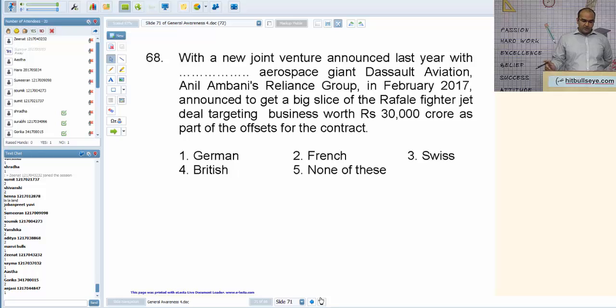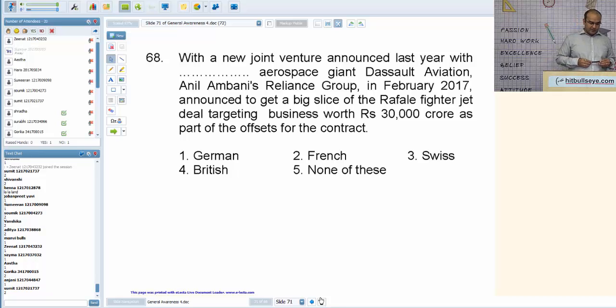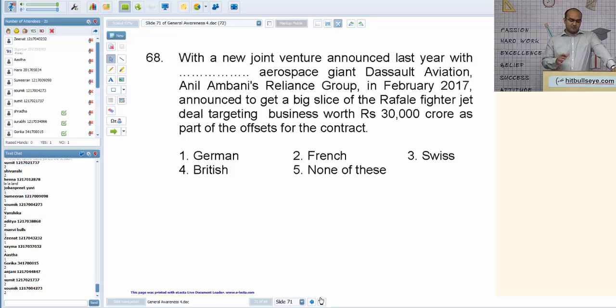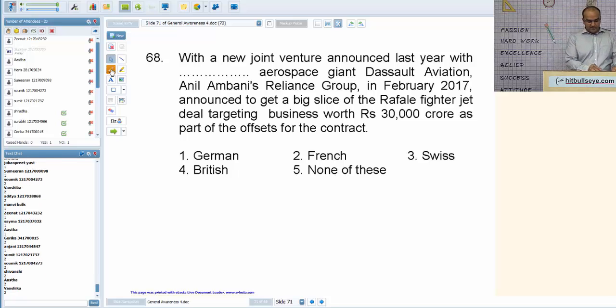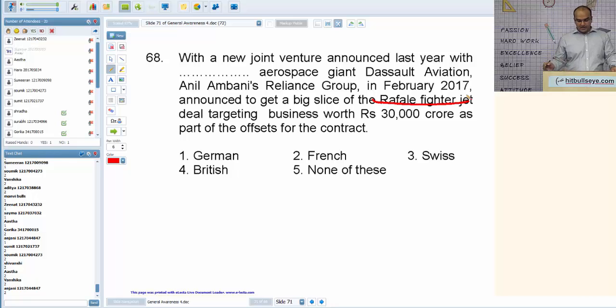Okay, with a new joint venture announced last year with aerospace giant Dassault Aviation, you have to name the country from which Dassault Aviation is. Anil Ambani's Reliance Group in Feb 2017 announced to get a big slice of the Rafale fighter jet deal, targeting business worth rupees 30,000 crores.